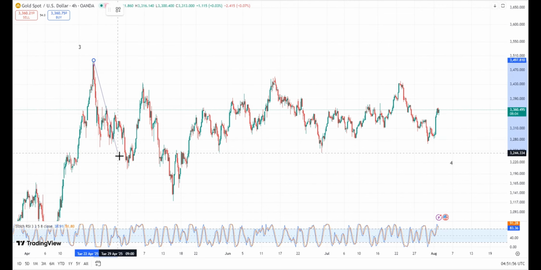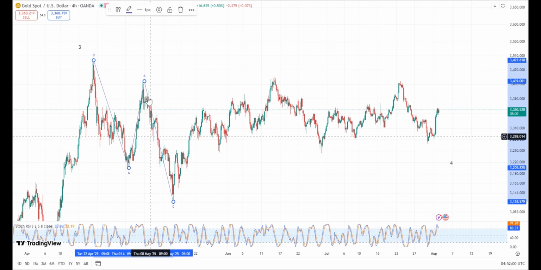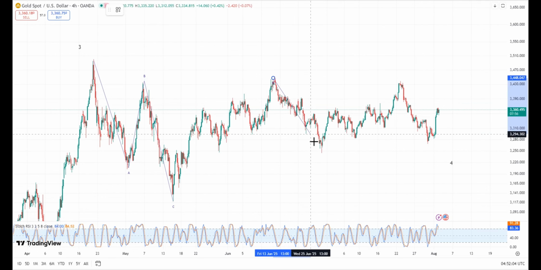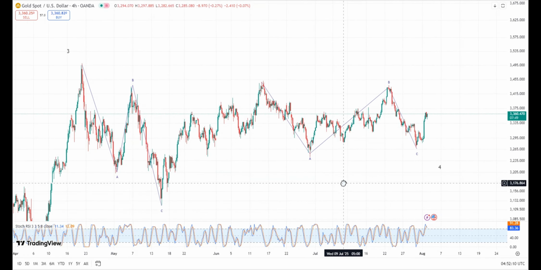Here is the pattern we have for this consolidation. It is looking more like a double zigzag pattern. Here's our first zigzag as an ABC correction. Here is our second zigzag as an ABC correction.